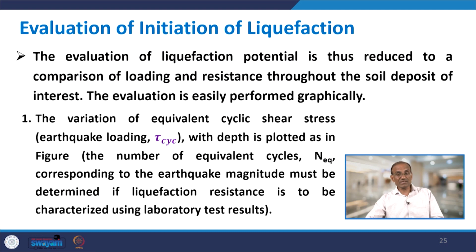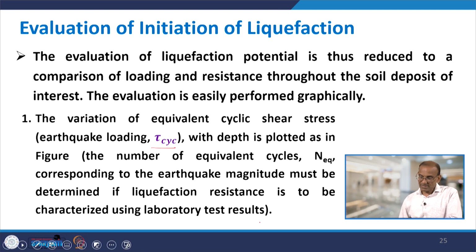And then the evaluation of liquefaction potential is simply reduced to a comparison of loading and resistance throughout the soil deposit of interest. The evaluation is easily performed graphically, and the steps are given here. The first step: the variation of equivalent uniform cyclic shear stress due to earthquake loading, denoted as tau cyclic, with depth is plotted as given in the figure.